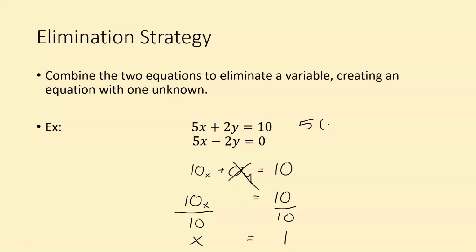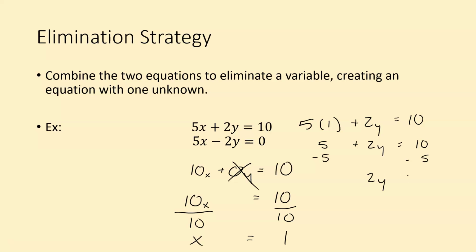So we have 5 times 1 plus 2y equals 10. So now, once again, I have an equation with one unknown. I can just solve this for y. So 5 times 1 is 5. Subtract 5 on both sides.